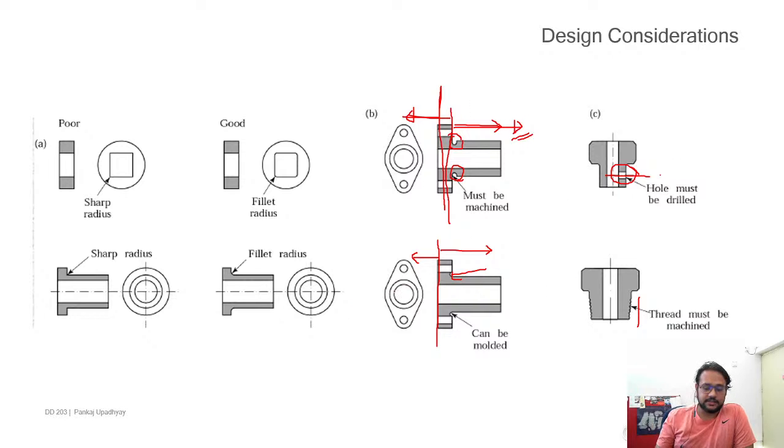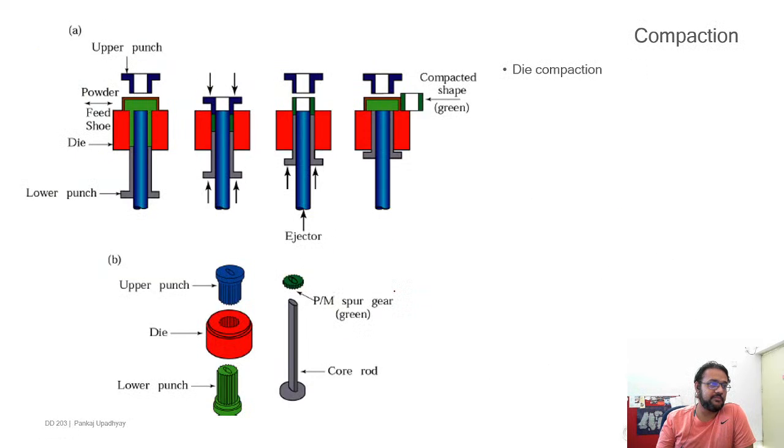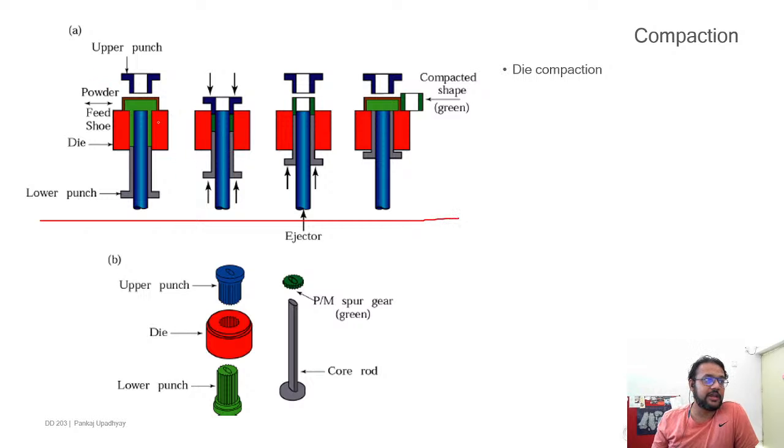Let's go back to the schematic of this. Since this is the overall schematic, you can imagine that this needs a certain amount of consideration. It doesn't need a draft angle per se, because you are pushing it from the mold using this ejector pin.